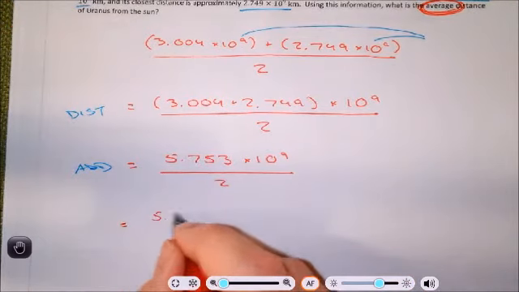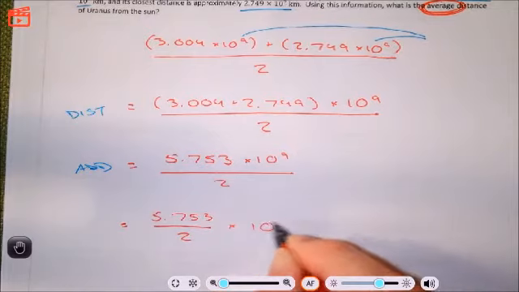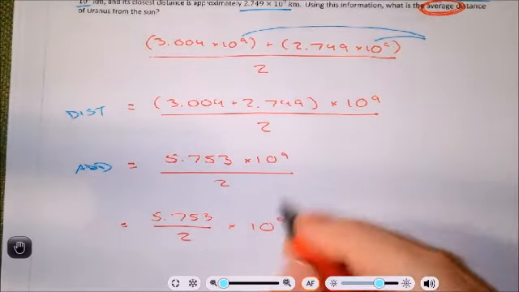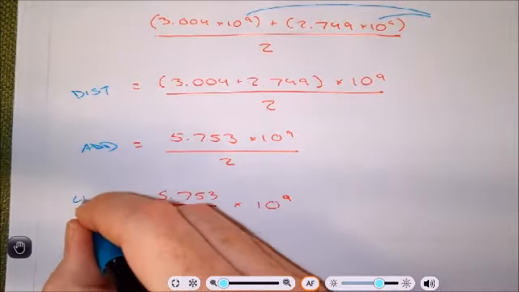So I'm going to put 5.753 over 2 times 10 to the ninth. I'm just going to separate out the exponents because it does not matter which order I do this in. So this was kind of like separating out the like terms.